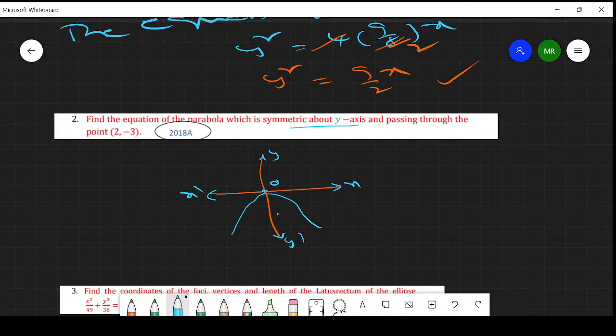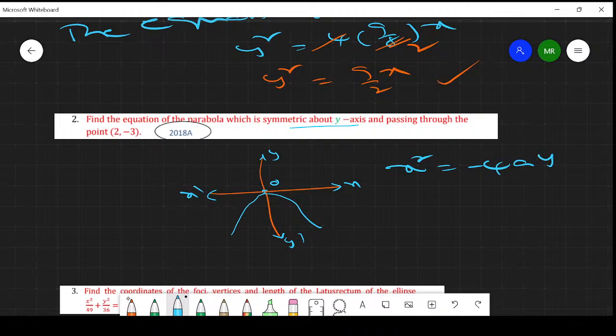So the downward parabola equation, as I explained in the beginning, is always x square equal to minus 4ay, where a is always positive.